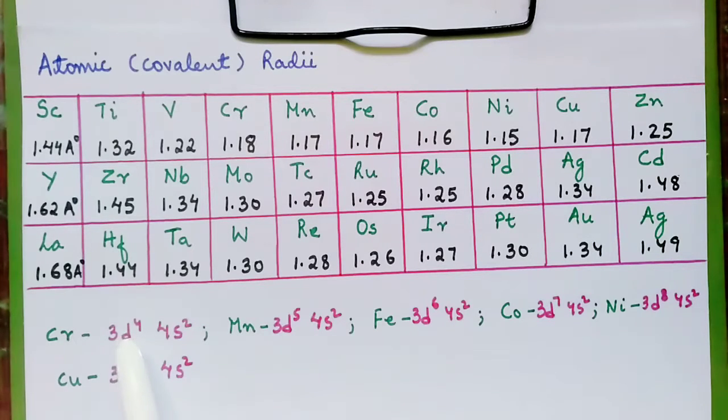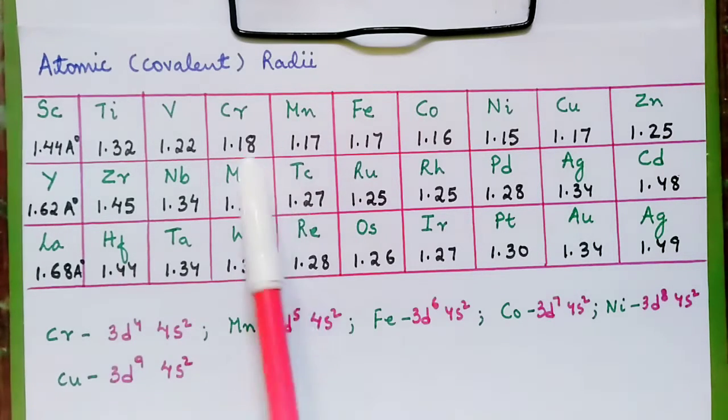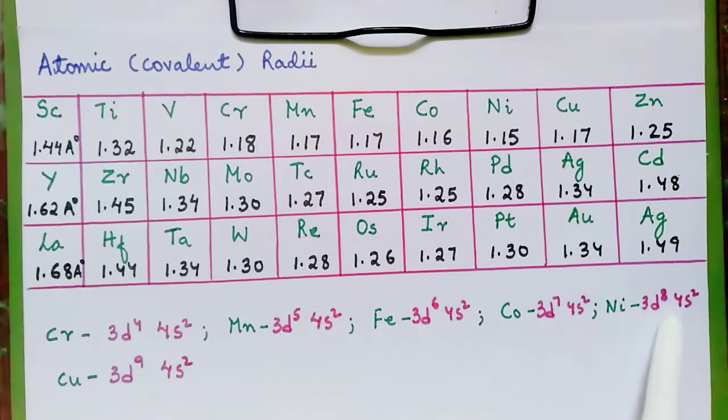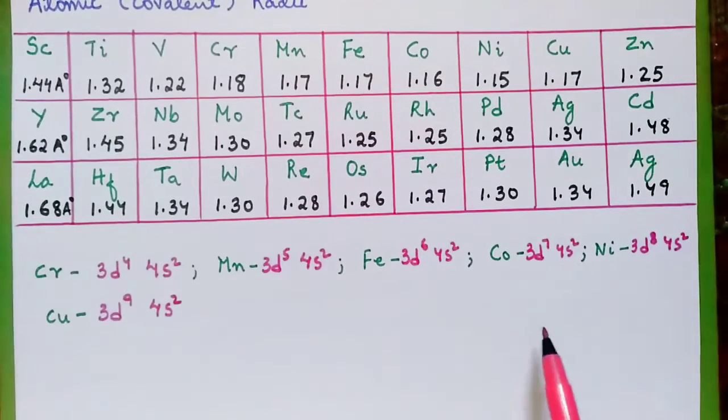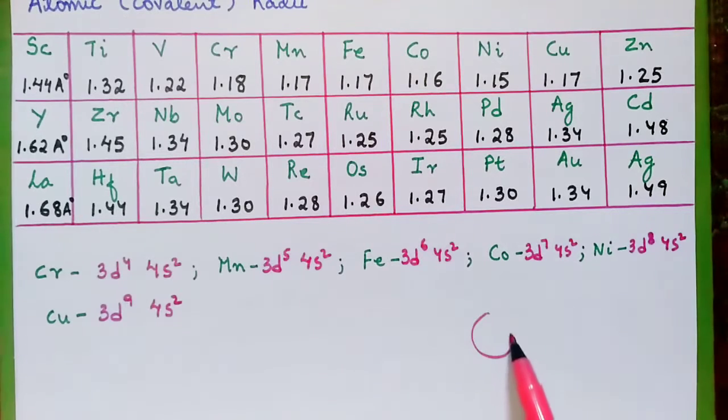But we also see that as we move from chromium to copper, more electrons are added to the 3d orbital, right? Because of the addition of more electrons to the 3d orbitals, there is a screening effect. That means the screening effect increases. So that screening effect opposes the what?